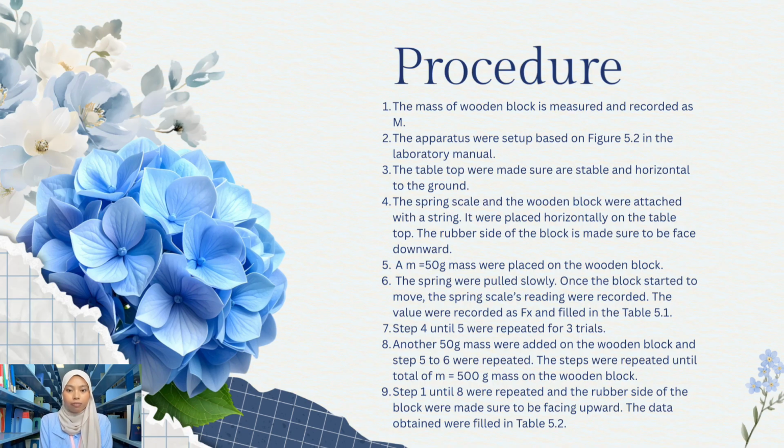Another 50 gram mass was added on the wooden block, and steps 5 to 6 were repeated. The steps were repeated until a total M equal to 500 gram mass on the wooden block. Steps 1 until 8 were repeated with the rubber side of the block facing upward. The data obtained were filled in table 5.2.